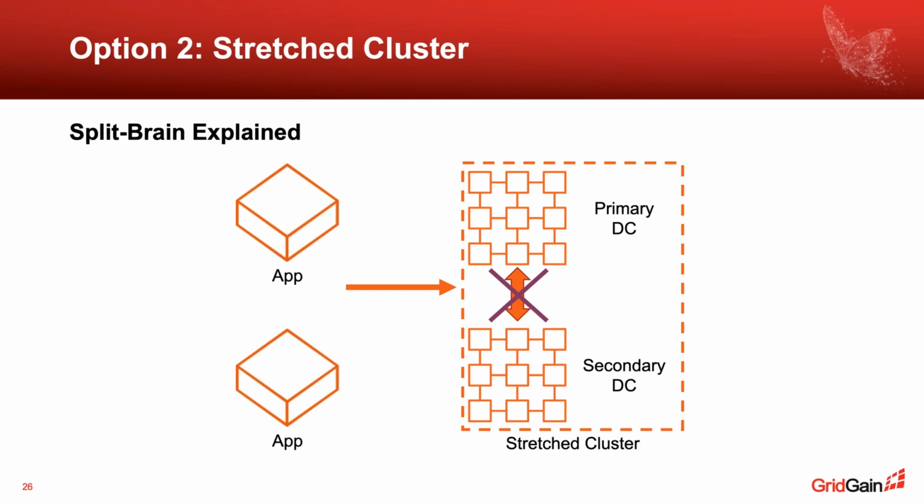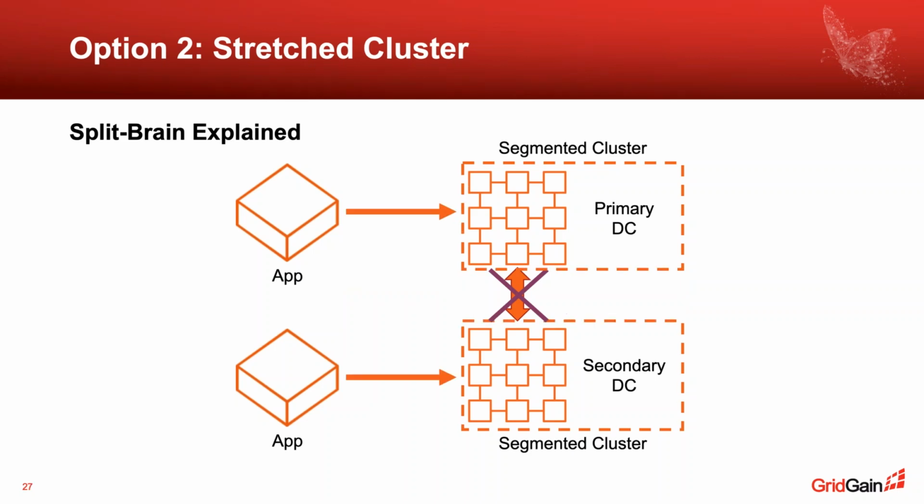So each data center forms a cluster of its own. So you now have two segmented clusters, and your applications split. Some are connected to one of your segmented clusters, and some connected to the other segmented cluster. And this is a split brain right there.